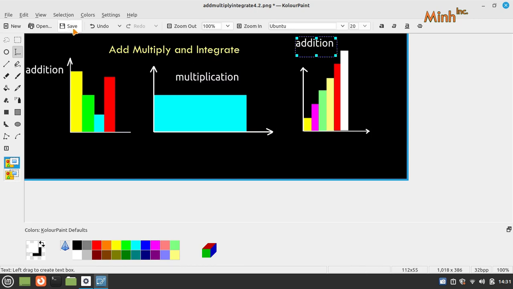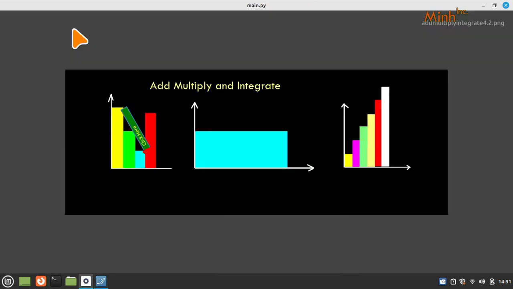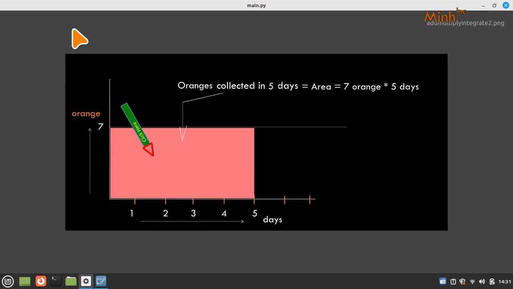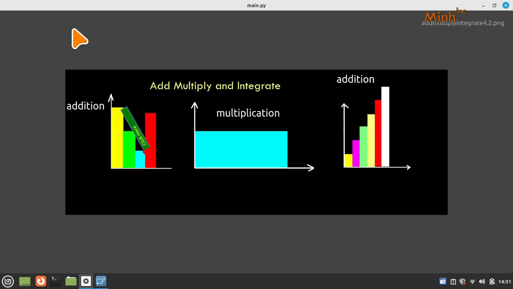But the way it is done, that we have already seen, so it can be added in this way. Okay, so these three we saw.